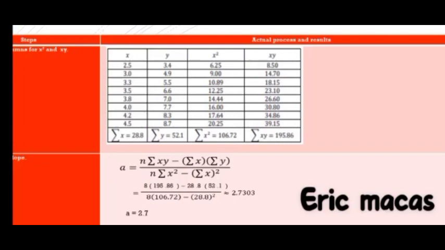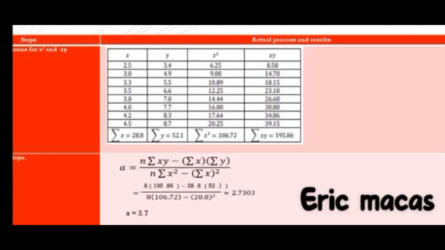First, prepare the columns for x squared and xy. So this is the sample: 2.5 squared is 6.25.